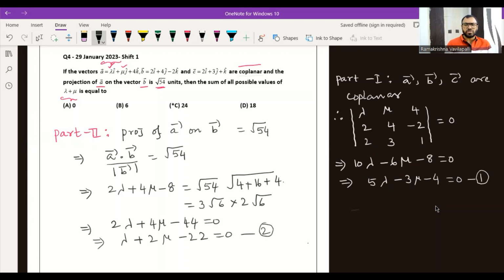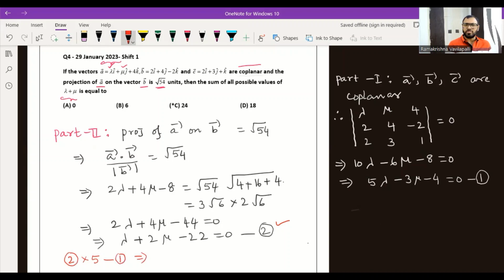We just need to solve these two equations, both 1 and 2. So what we have to do is multiply the second equation by 5 and subtract equation 1. Now you see 5 lambda cancels.